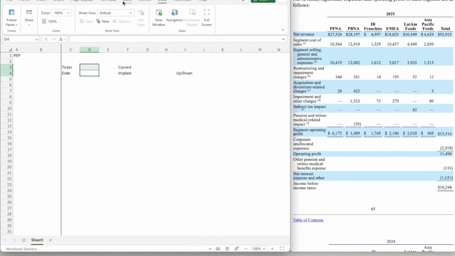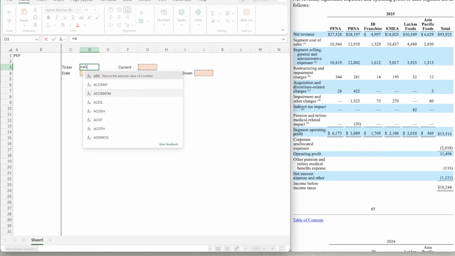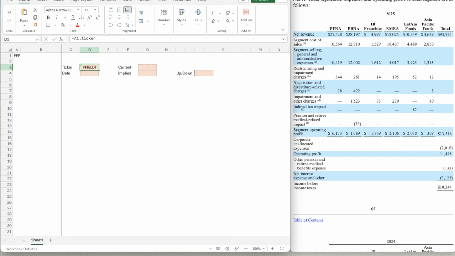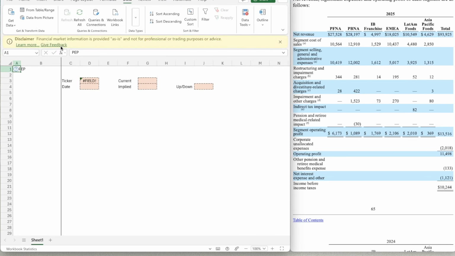I think the fill is under Home. Ticker equals A1 dot. Oh, I haven't put the data in yet, sorry. Types, stocks.